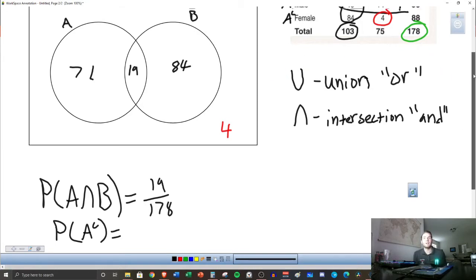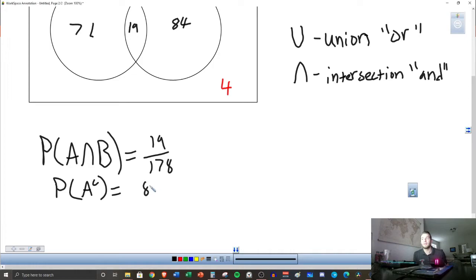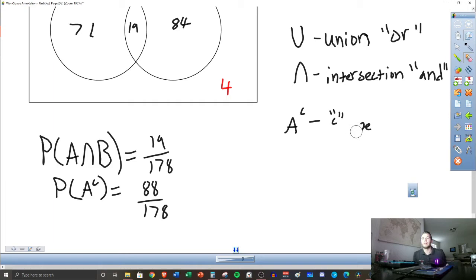If we go back to our chart, which might be easier, it's the probability that they are not male. Well, how many not males are there? Well, there's 88 individuals who are not male. Okay, and this is how we're writing a lot of these events with the complement rule. Remember the little C means complement.